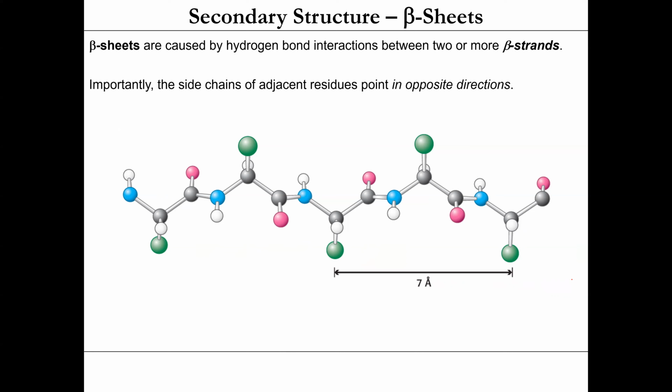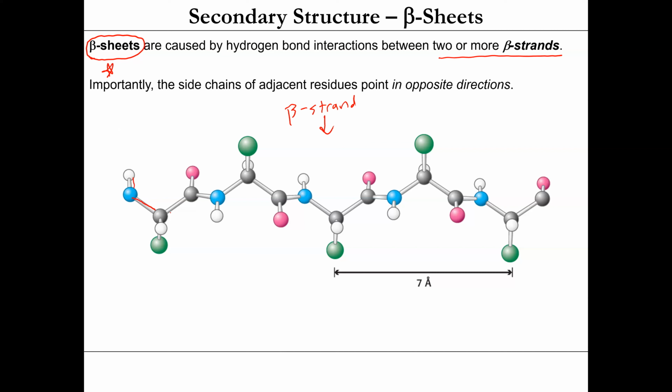All right, so now that we've gone through alpha helices, we could talk about the other important secondary structure that we'll encounter, which are beta sheets. And so beta sheets are also caused by hydrogen bond interactions, but they're between 2 or more what's called beta strands. So this image here is of a beta strand, and it has this type of conformation where you have the amino group pointing over here.